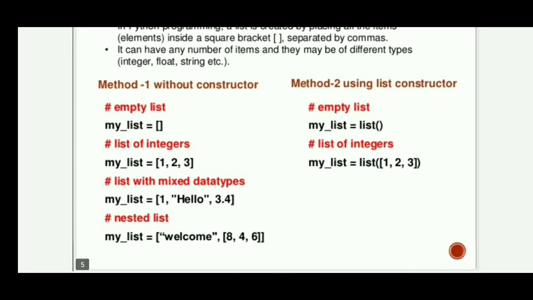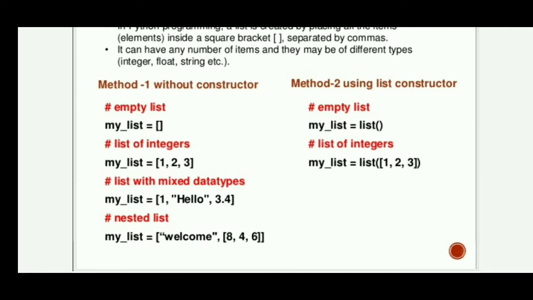Let us see the first method: how to create an empty list. You can write any variable name. For the time being I have taken my_list, which is equal to an opening square bracket and a closing square bracket. It means we have created an empty list, a list which does not contain any element.